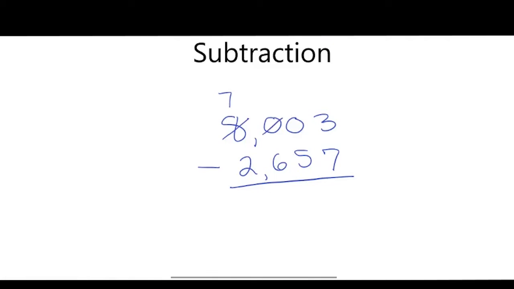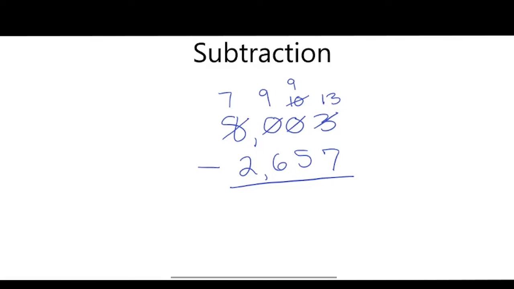So this 0 becomes 9, so that this 0 can become 10. But this 3 still needs to borrow from the 10. So we borrow from the 10 and it becomes 9. So that this 3 here can become 13.